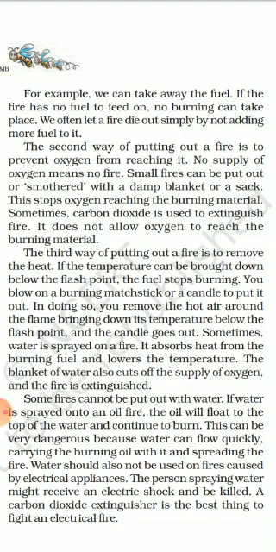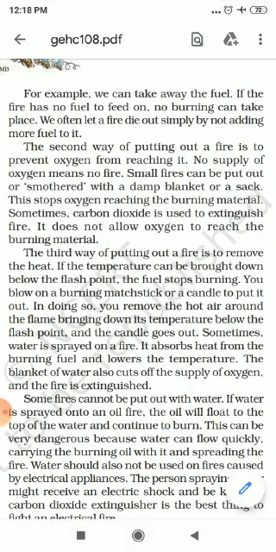If water is sprayed on an oil fire, the oil will float to the top of the water and continue to burn. If you use water on an oil fire, the oil will keep floating on the water, and there will be no reduction of the fire.